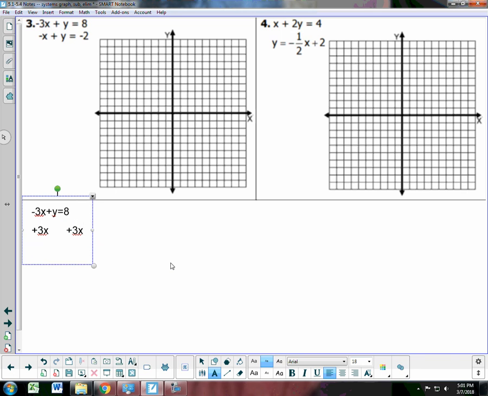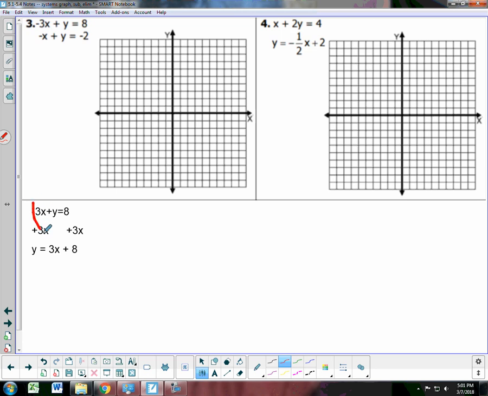Now, those 3x's are going to cancel, I'm just going to have y on the left side, and on the right side I'm going to have 3x and 8. Let's put that 3x in front of the 8, and since it's a positive 8, it'll be plus 8. Okay, so that's going to be my new equation after adding those 3x's to both sides. Canceling on the left.